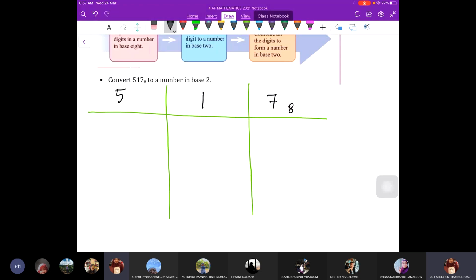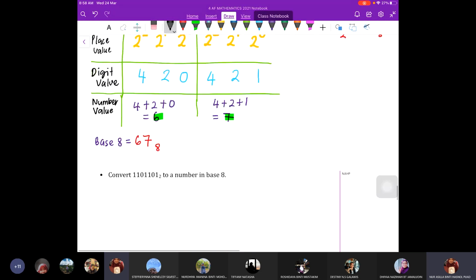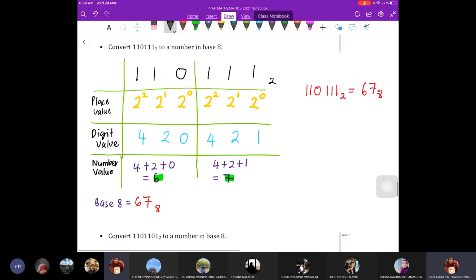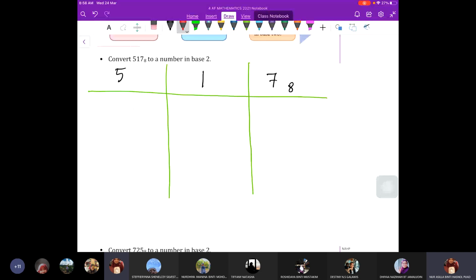Cuma sekarang kamu tengok place value mesti base 2 sebab saya nak kena tukar kepada base 2. Sama dengan atas ni, dia base 2 juga. So saya pergi kepada base 2. Now, bila saya letak base 2, dia mesti ada 3. 2 kuasa kosong, 2 kuasa 1, 2 kuasa 2.